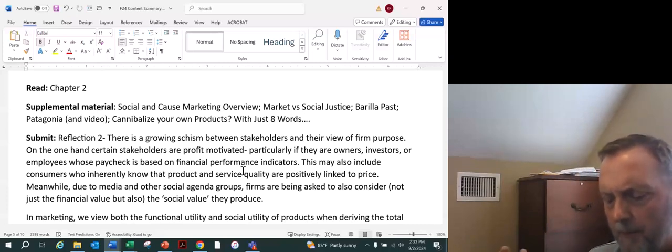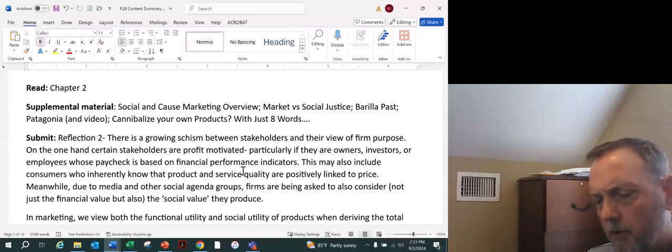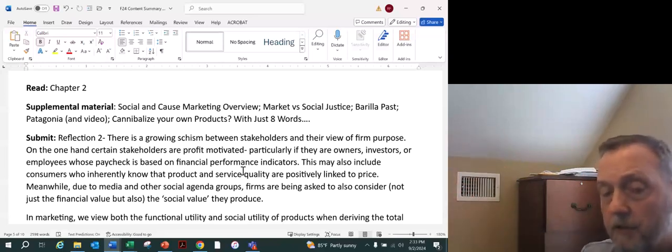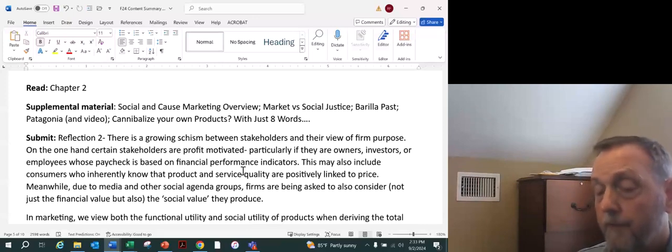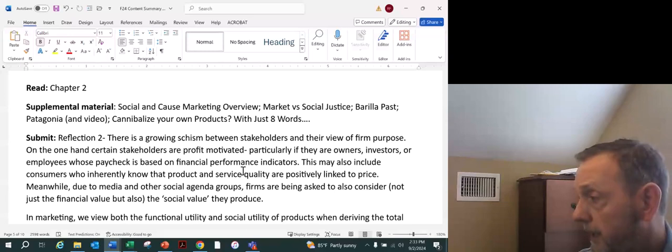Cannibalize Your Own Products deals with managing a portfolio of products in a product life cycle and purposefully discontinuing one and having another one replace it in your portfolio, but also the effect is it extends the product life cycle for that product category, product line that you have.